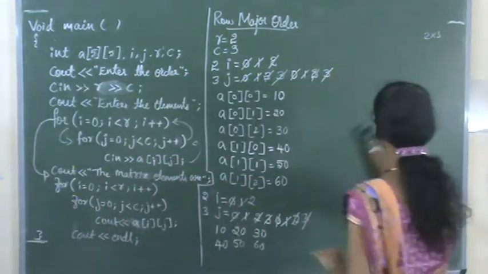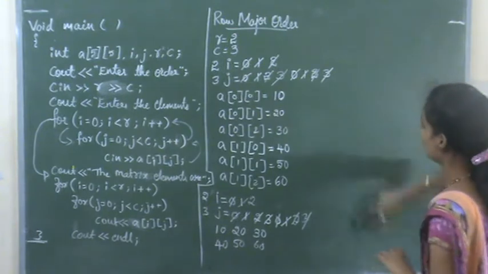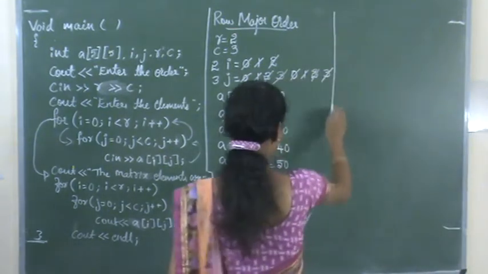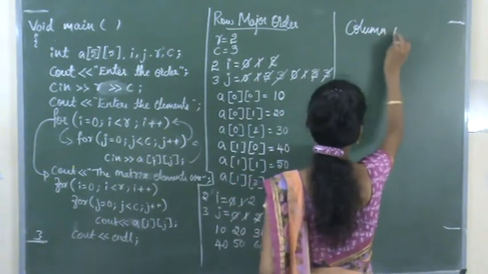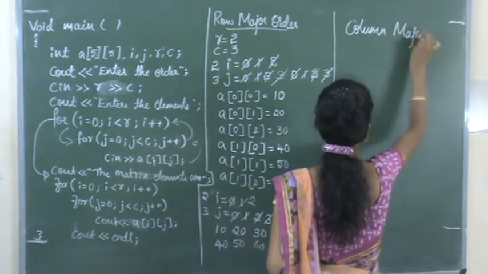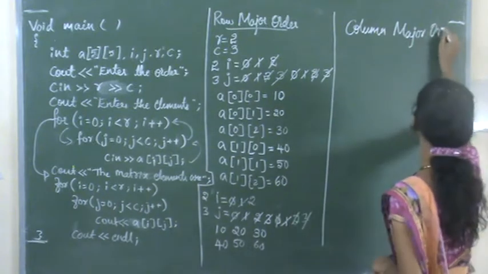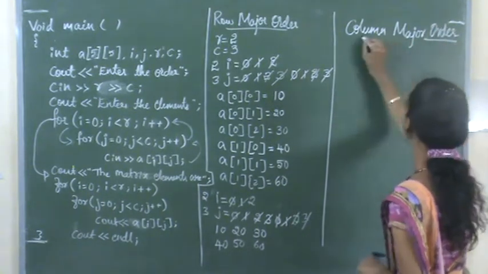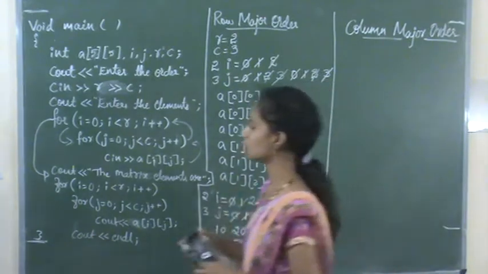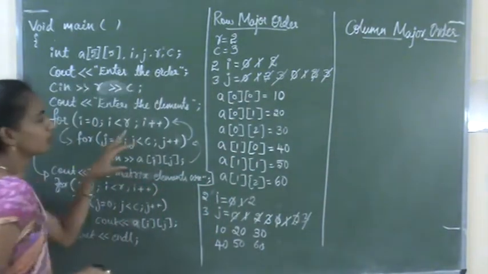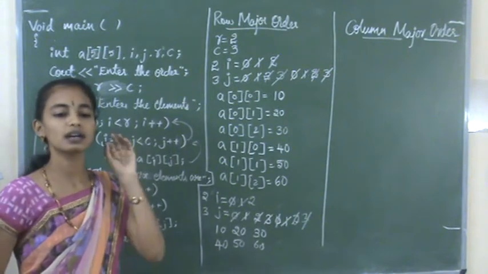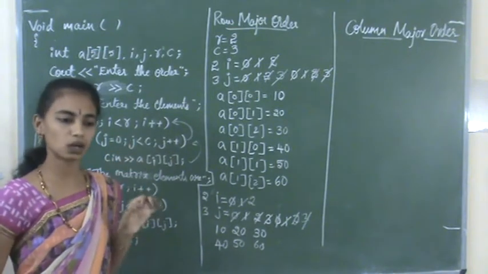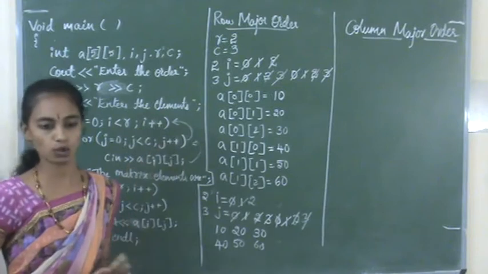Now see how to read the elements in column major order. For column major order, what is meant by column major order? It means first the first column elements have to be read, then second column elements, third column elements and so on, right?